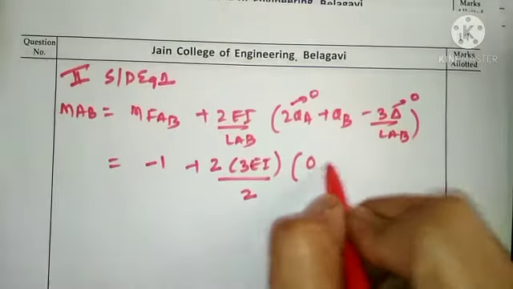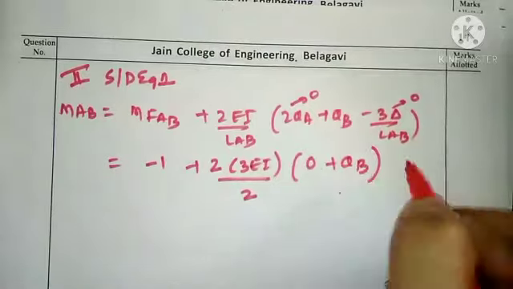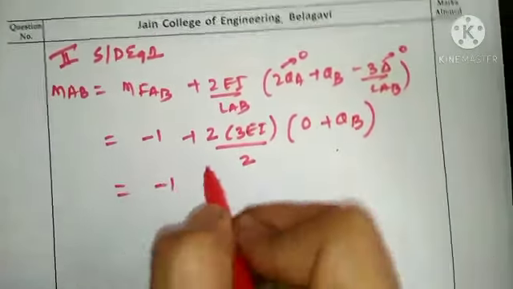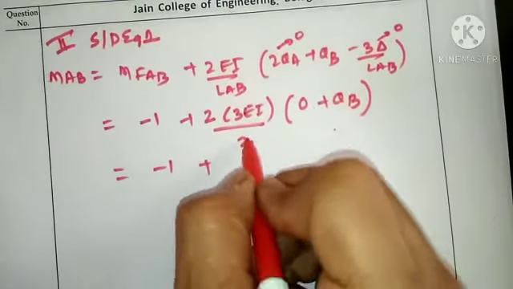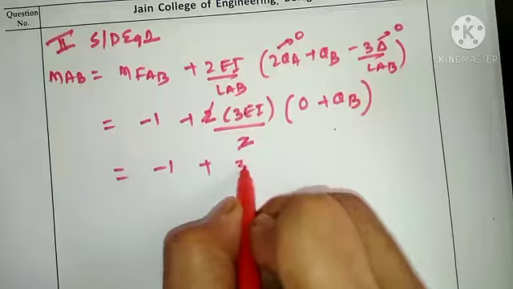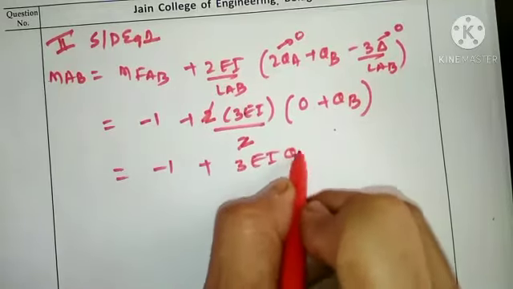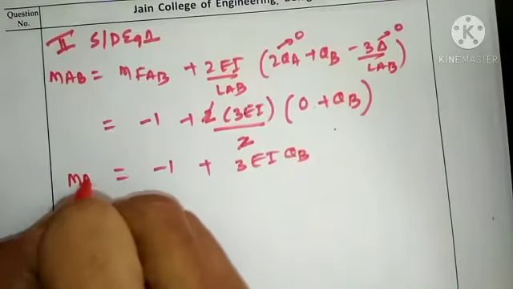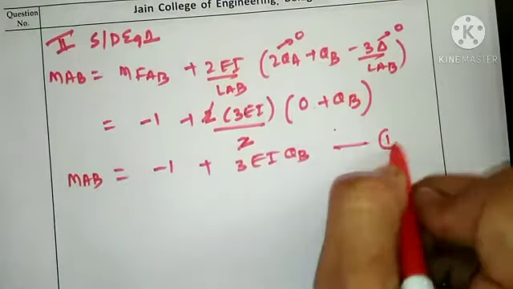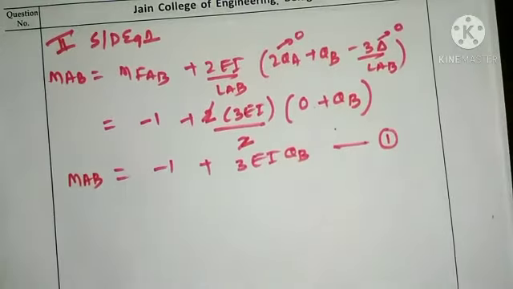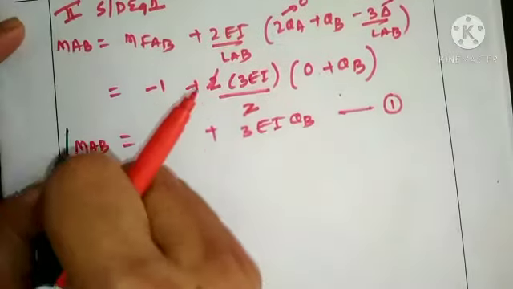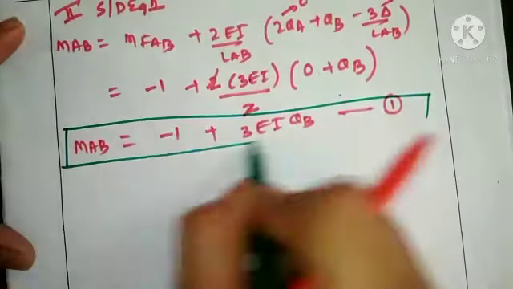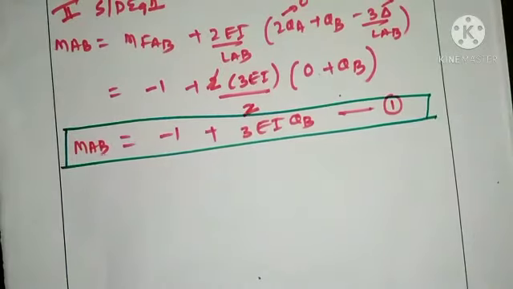Theta A is 0, so theta B is kept as it is. So minus 1 plus, the 2 cancels out. So this is 3 EI theta B, which is MAB. So you can note down this particular equation as equation number 1, which will be further required to find out the final moments.